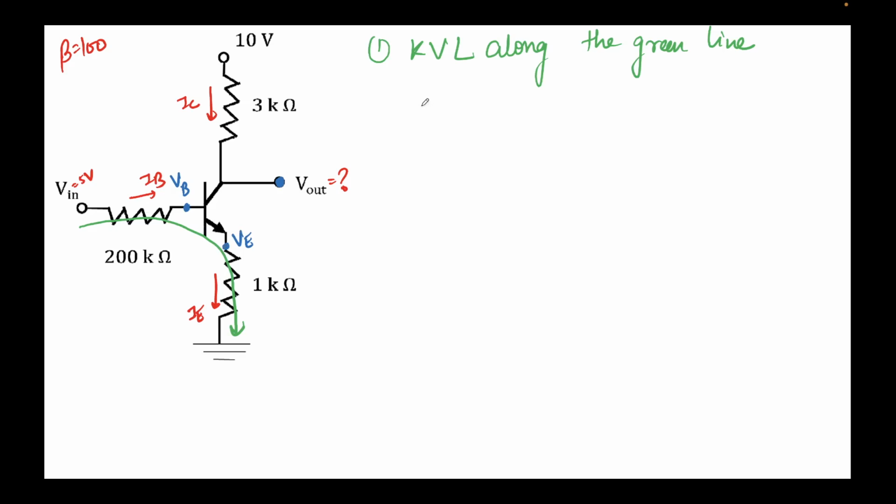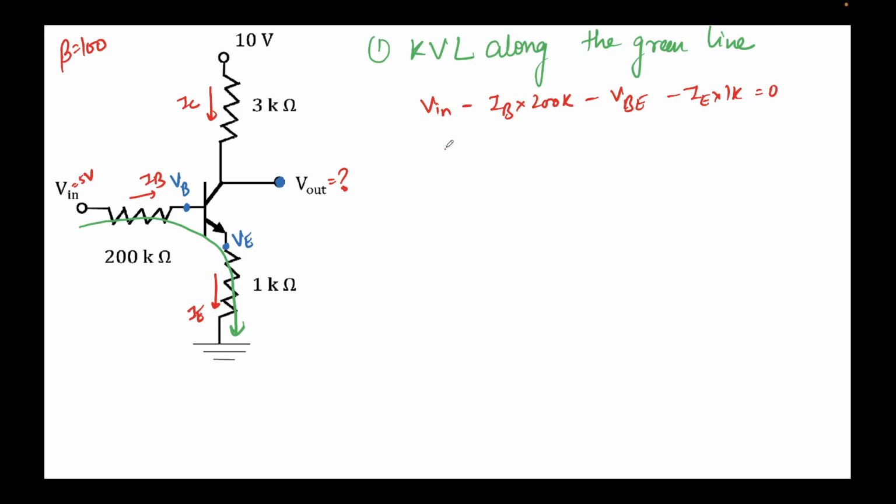The KVL expression is Vin minus IR, which in this case is IB times 200K, minus VBE, note this drop we have reached here, minus IE times 1K, equal to 0. This is the simple expression.